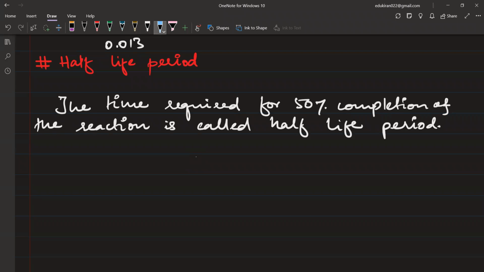Okay, so half-life period will always be a time. It will be in minutes, or it will be in hour, or it can also be in years, but half-life period is always a time. Okay, it will have the units of time.